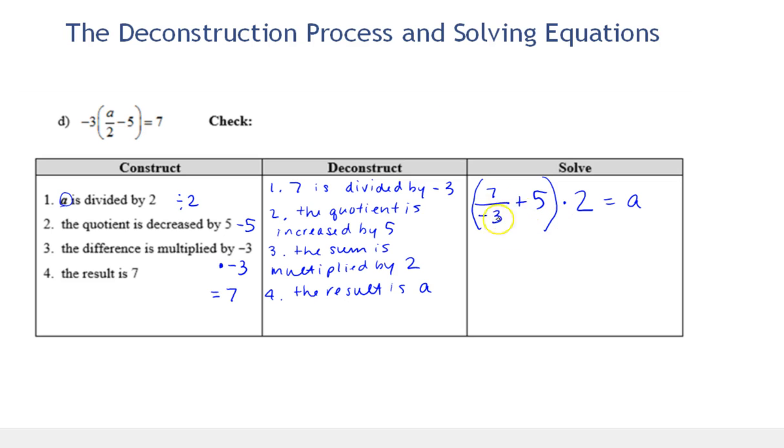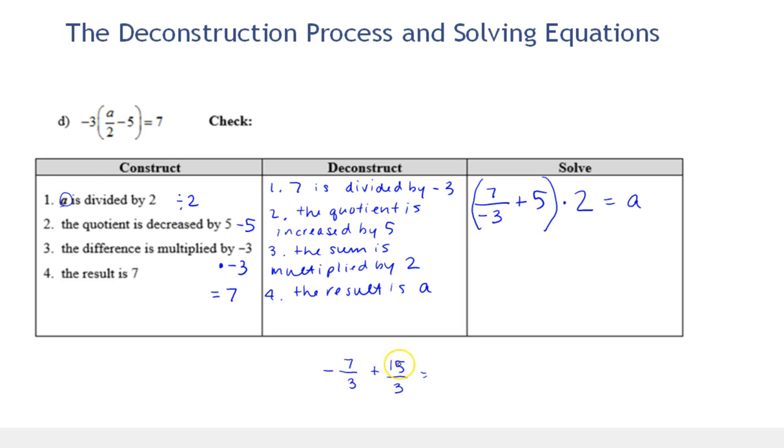I'm going to do this arithmetic down here. 7 divided by negative 3 is equivalent to negative 7/3, so I can put the negative sign out front. 5 with a denominator of 3 is 15/3. So I multiplied by 3 over 3.